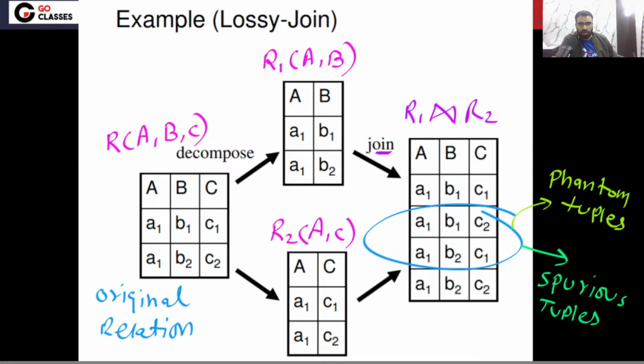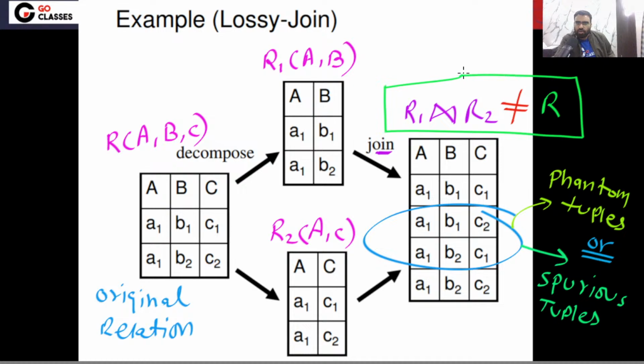So these extra tuples which are not present in the original relation are called spurious or phantom tuples. Here you can easily see that the natural join of R1, R2 is not the same as R. So we are losing information, we are getting wrong information. This is called lossy join decomposition.